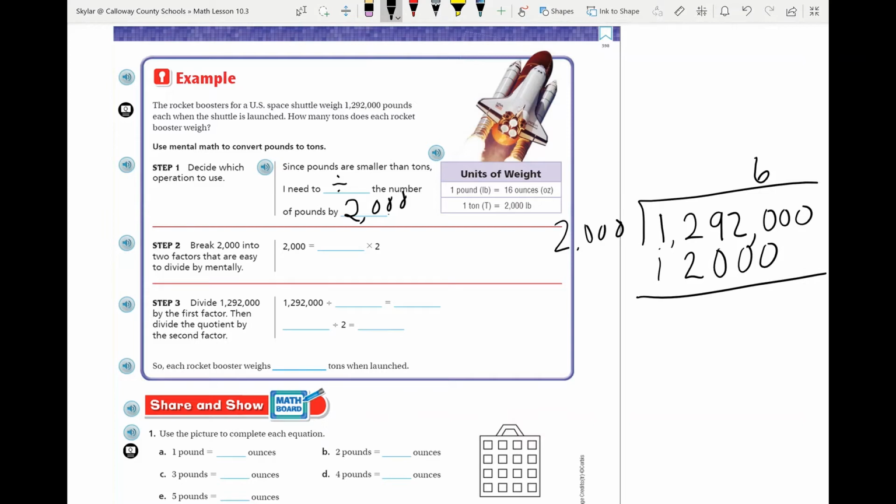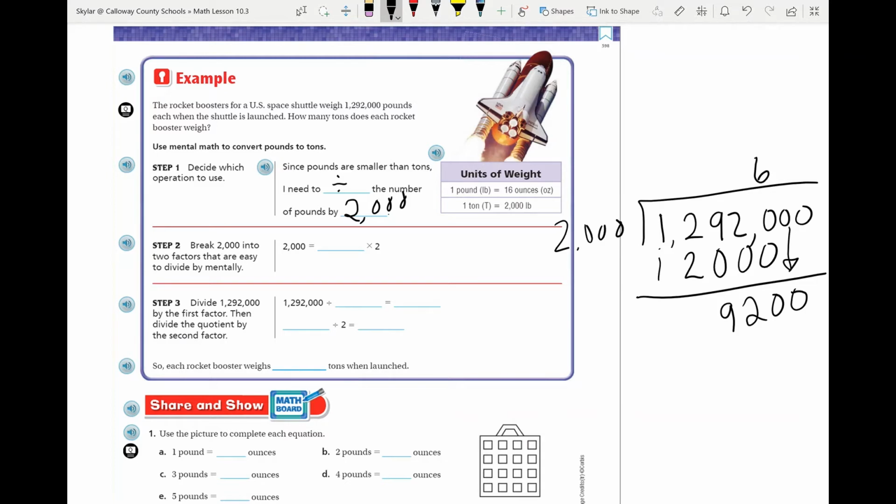So now we subtract. And you will get 920 left over if you subtract 12,920 by 12,000. So then you drop down your 0.